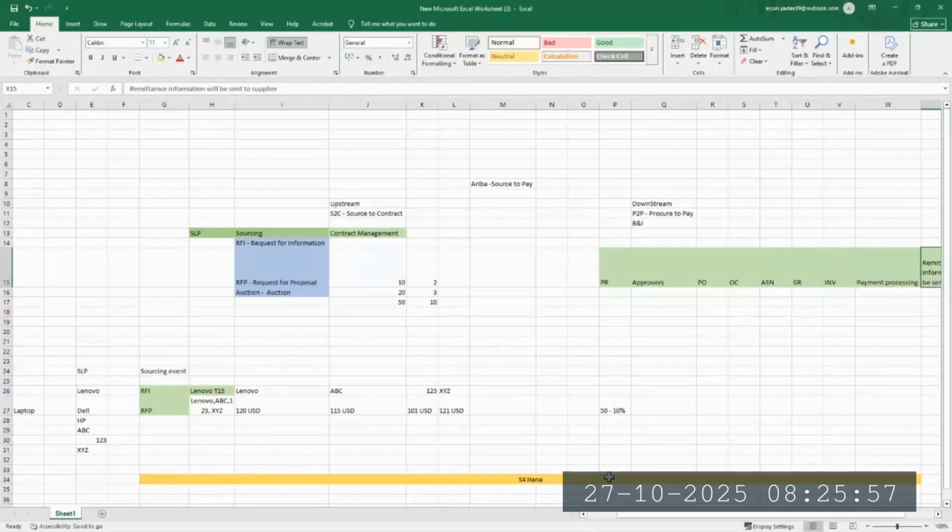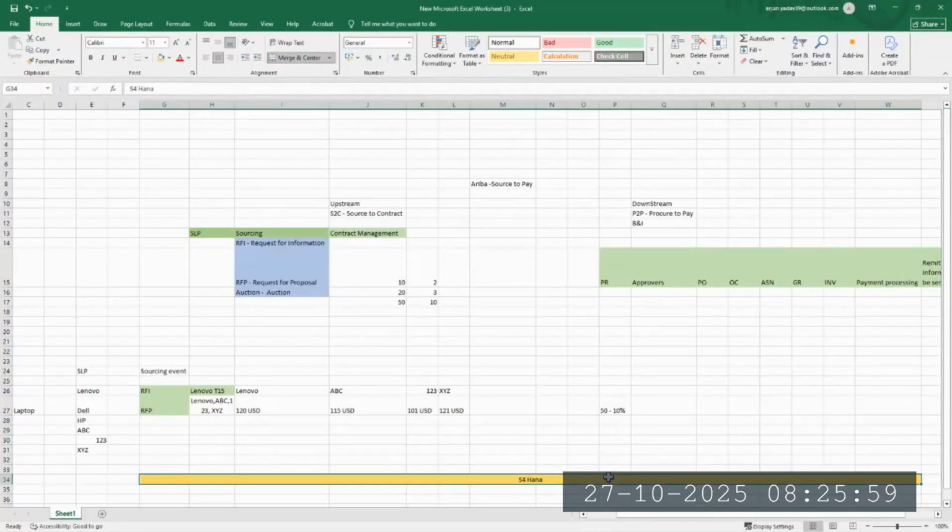Payments are actually processed in the backend S4 system, because the reason that we integrate Ariba to the backend ERP system is to have a central finance. If you ask any organization, the central team will always be finance.